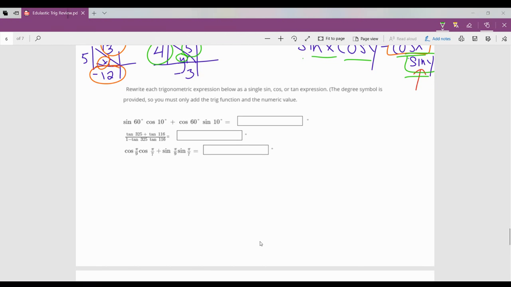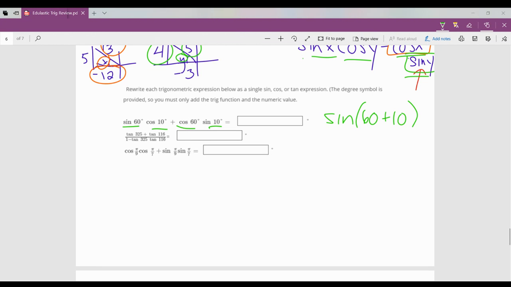So the next one is all kind of using the trig formulas. This one is saying, where do you see sine cosine plus cosine sine? So sine cosine plus cosine sine, I'm looking at my formula sheet, and that's where sine of the first angle plus the second angle. Okay?